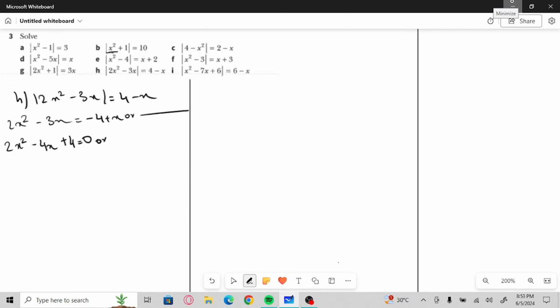Now we can take the second value, which says that 2x squared minus 3x equals 4 minus x. So 2x squared minus 2x minus 4 equals 0.